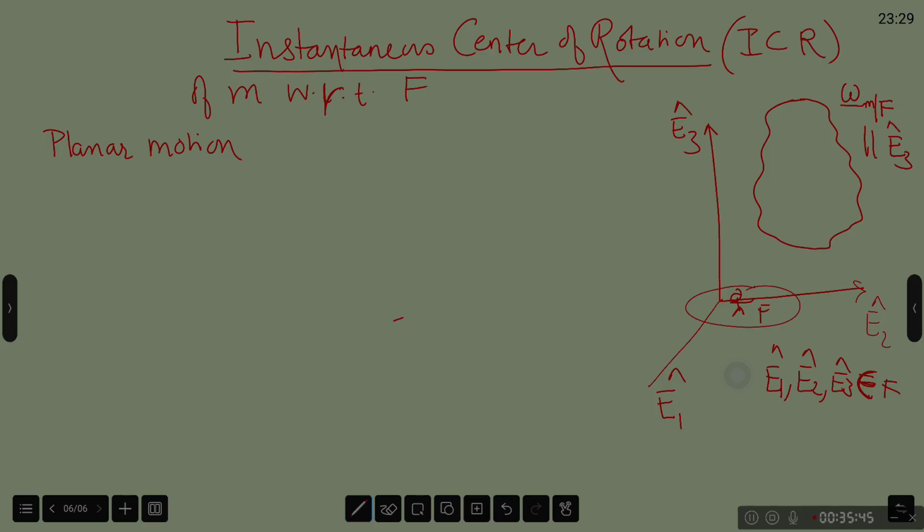For having planar motion, its omega mf can be tilted also with respect to E3, but then I can always argue that I would reorient my E1, E2, E3 which are fixed to F in such a way that whatever is the direction of omega mf, that is parallel to E3.